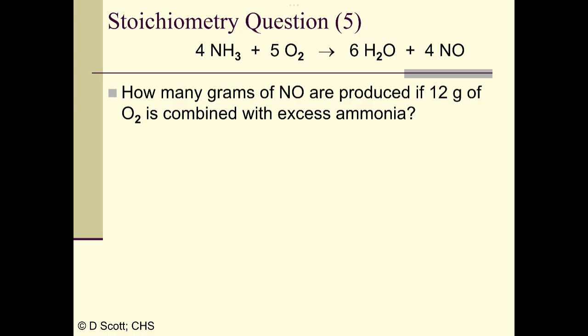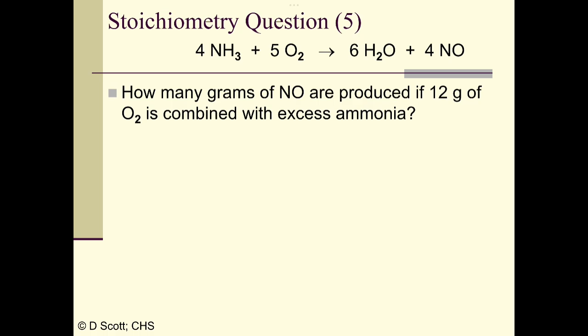Now, in this problem, if we're going to observe, it says here: how many grams of nitrogen oxide are produced if 12 grams of dioxide is combined with excess ammonia? The value that was given here is 12 grams of O2.